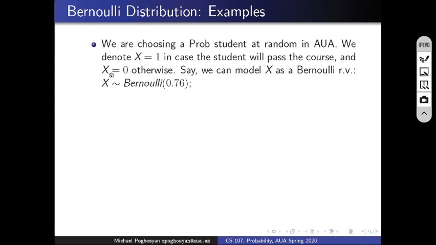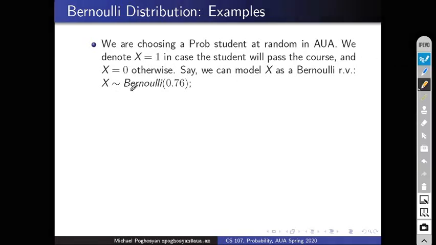We do not know beforehand what will be the value of x. Say we can model x through our historical data. Say 76% of students are passing the course, then I can model that and say that x is Bernoulli 0.76, meaning that x will take the values 1 and 0 with probability 0.76 and 1 minus 0.76, which is 0.24.